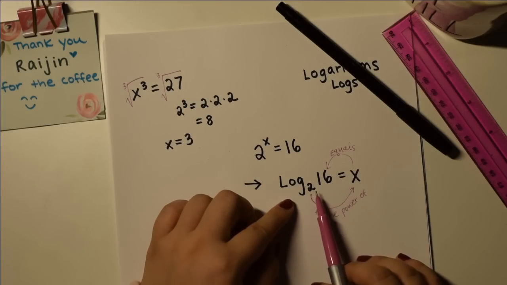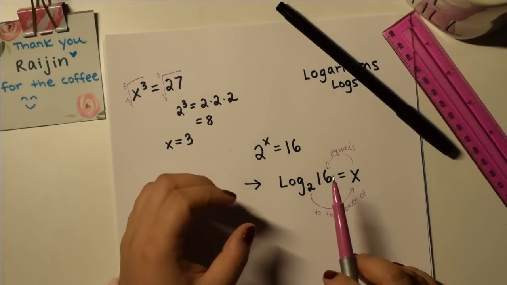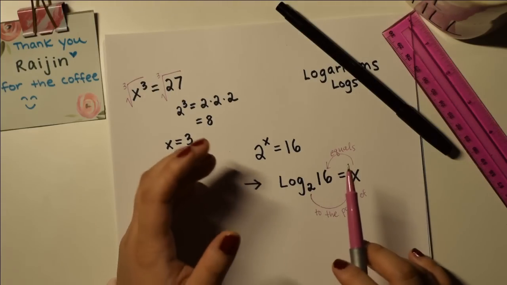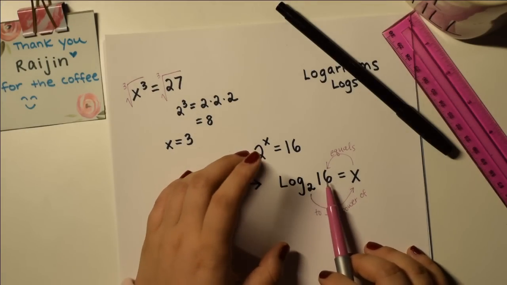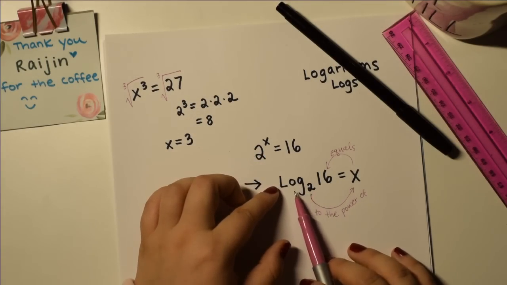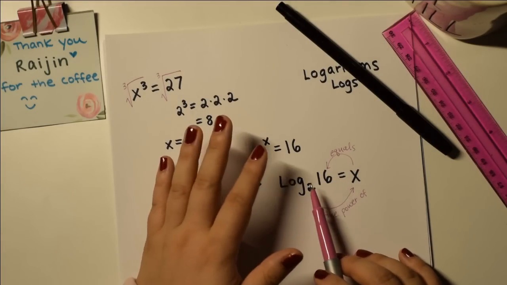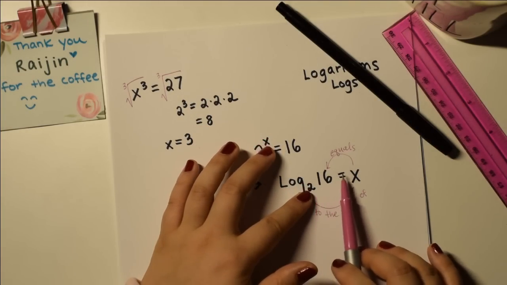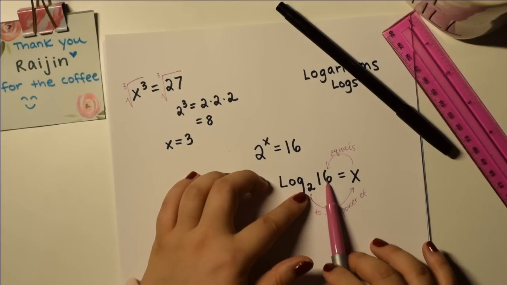But in my opinion, sometimes you might see it like log base a of x equals y, and it gets so confusing. So it might help to just write out one particular example just to get a hang of the pattern. So log base 2 of 16 equals 4 is 2 to the power of 4 equals 16.